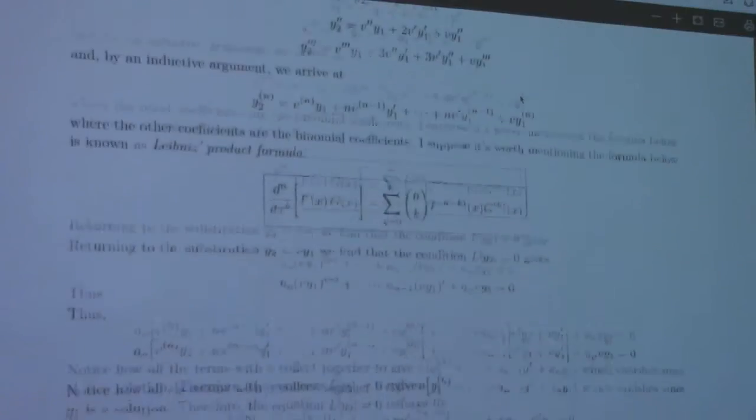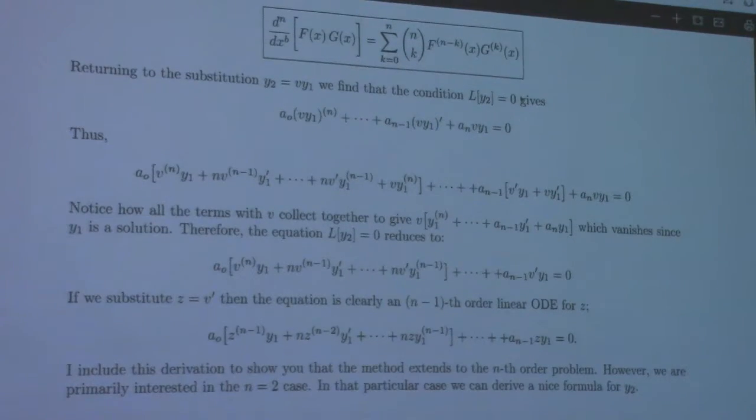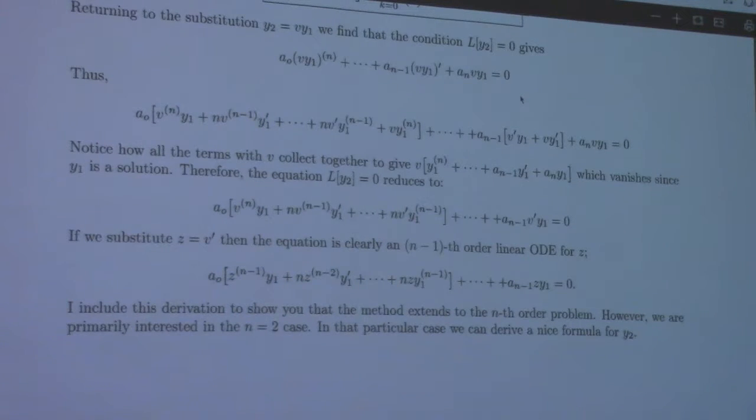Anyway, you can use these things, all right? You can take the nth order problem and make a substitution, z equals y prime. I think that's supposed to be y prime. Anyway, you make a substitution and you can cut the order of the problem down by 1.